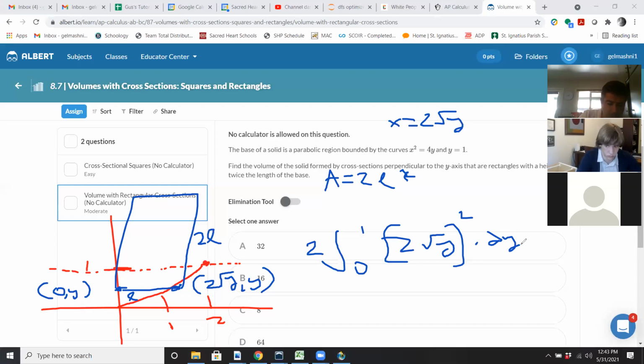So I'll work it out. Make sure you guys get the same thing. 0 to 1. It'll be, we'll just say 4y or 4x. Actually, hold on a sec. Didn't get any of the answers there.